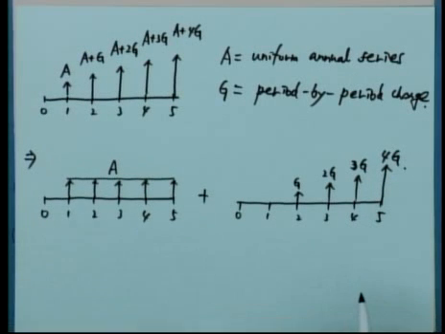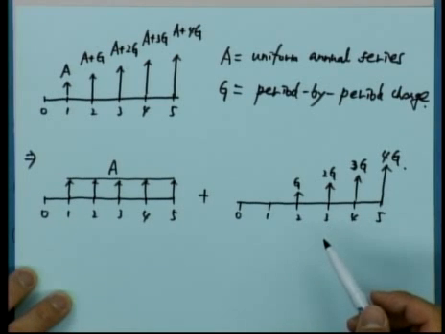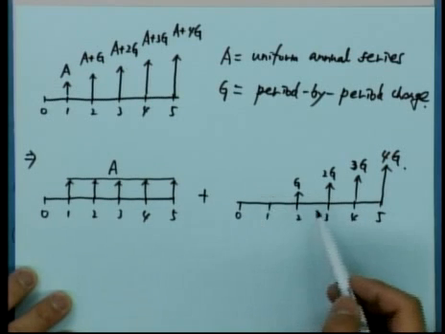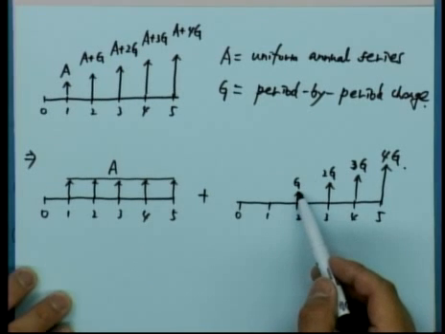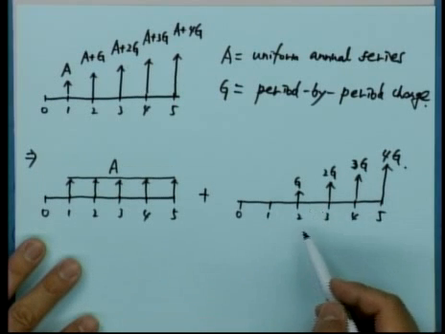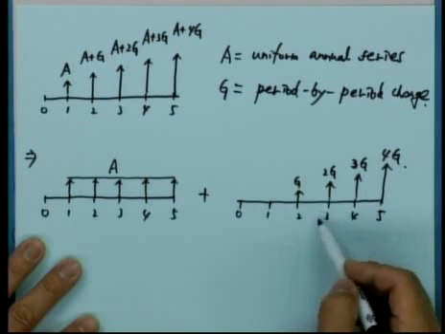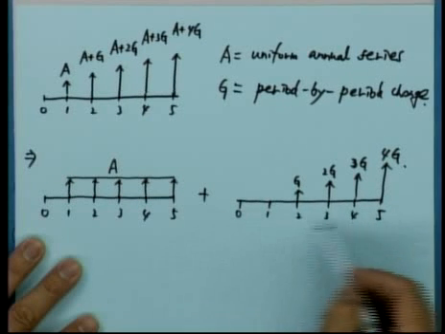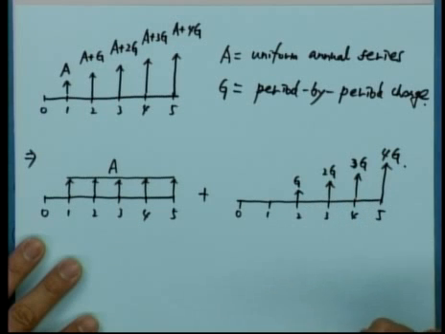So if you look at the arithmetic gradient carefully here, they have cash flow of 0 at the end of period 1, and the first non-zero cash flow occurs at the end of period 2, which means that a three-period arithmetic gradient has only 2 non-zero cash flows. And like this, a 5-period arithmetic gradient has 4 non-zero cash flows, right?